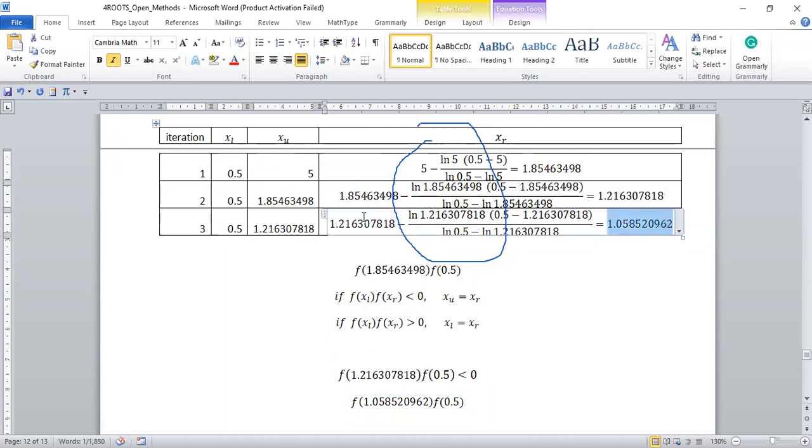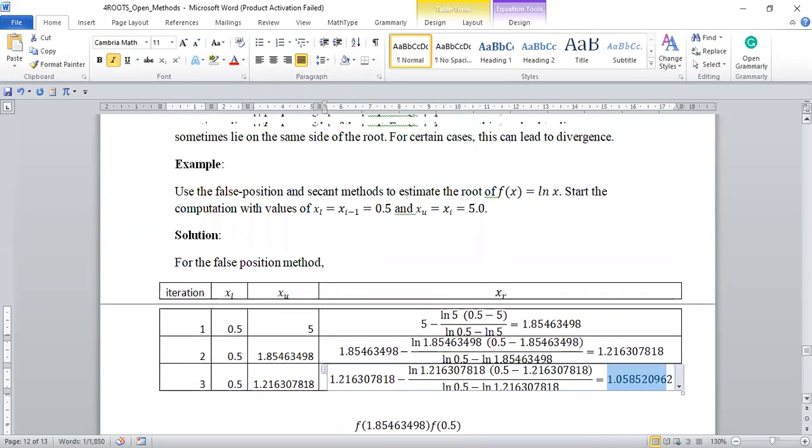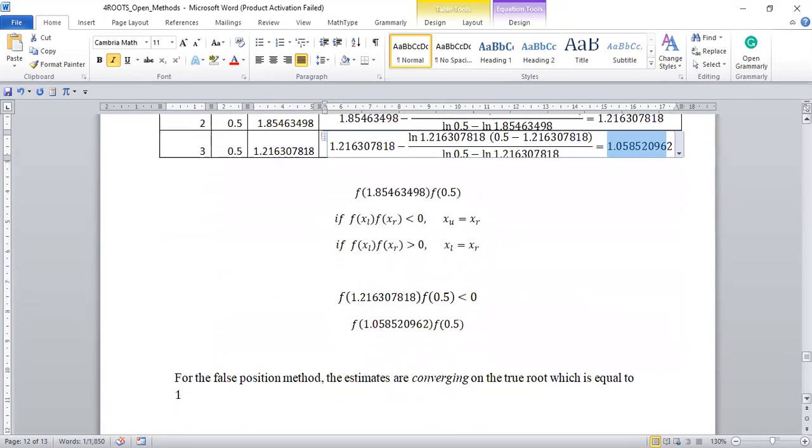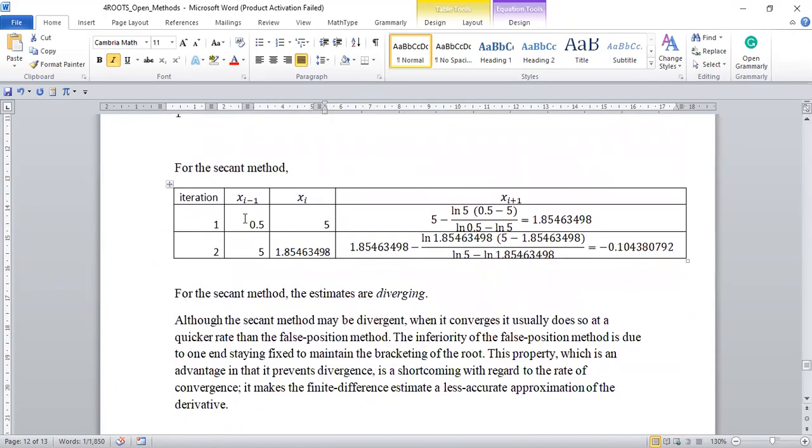But if it is greater than 0, you replace the lower limit with the value of the root you just calculated. So this is the false position method. We did it last week, and this is how it goes. But if you are going to use the secant method, remember the question is to compare the secant method with the false position method. If we were to go by the secant method, this is what you have.